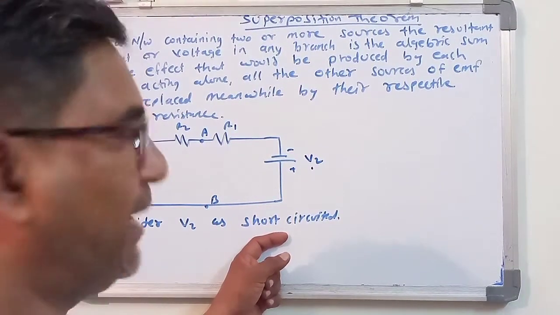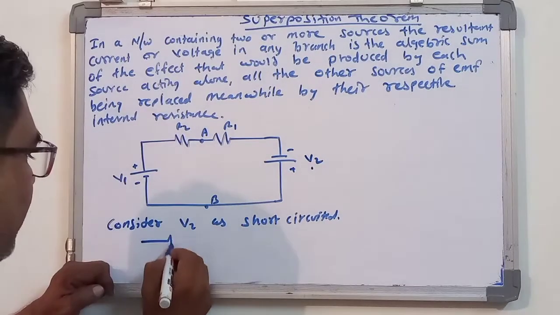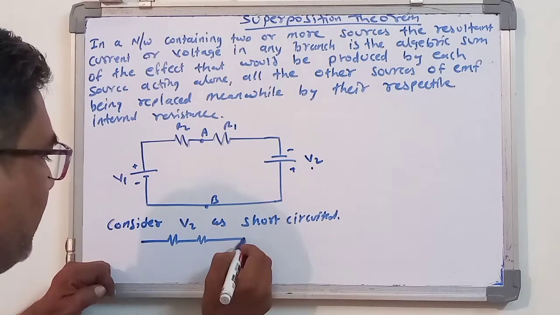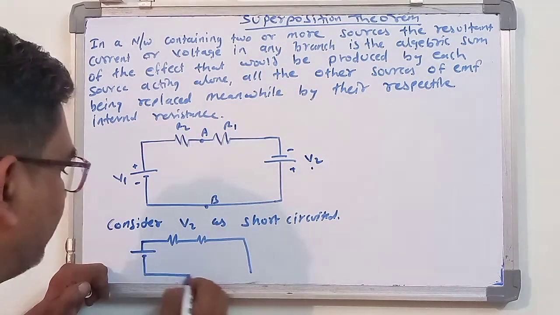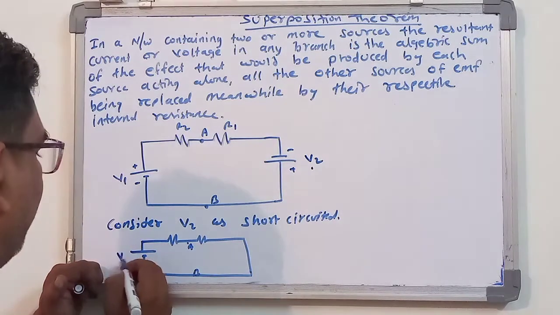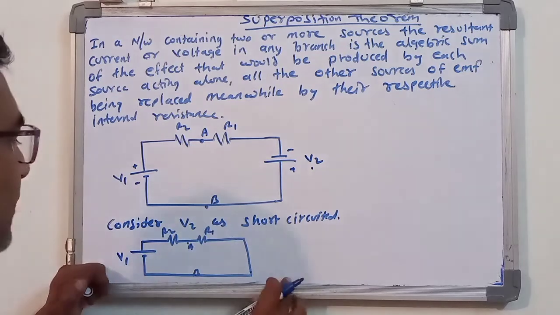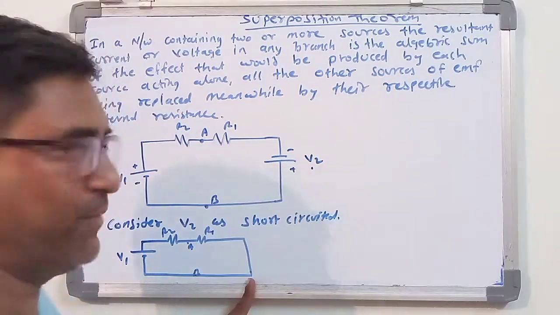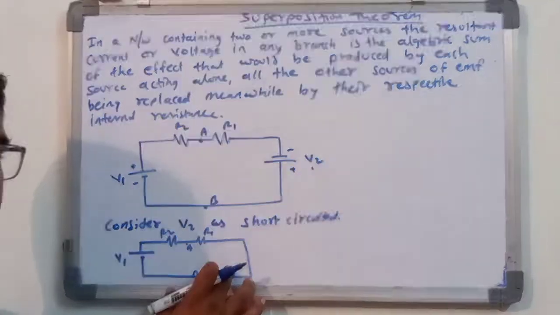Then that diagram will look like this: one resistor and the short circuited branch, with terminals A and B, V1, R2, R1. So this is the simple diagram where we have short circuited this voltage and redrawn the diagram.